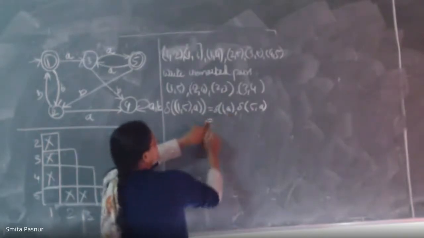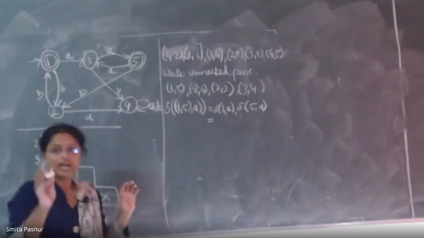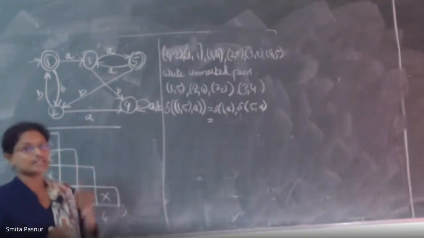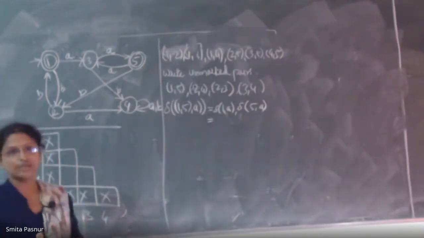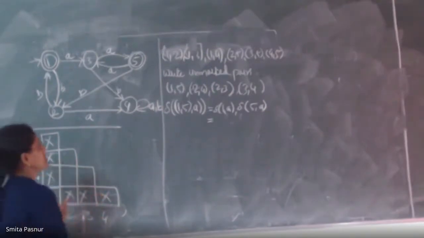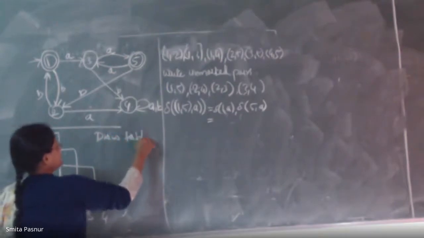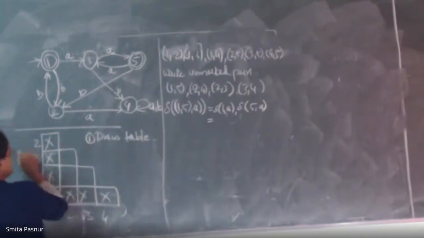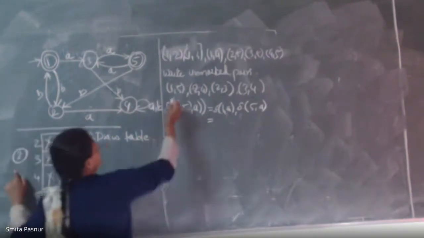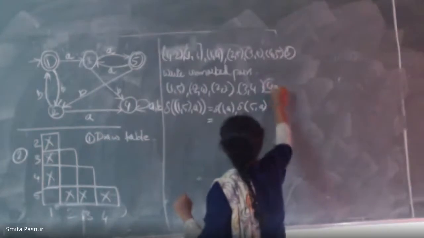What is 1 on A? See in the diagram. I told you to construct the table in the last lecture, and you have to do it compulsorily. Before drawing this matrix table, you first draw the transition table. This is your first step, this is the second step, this is the third step, and this is the fourth step.